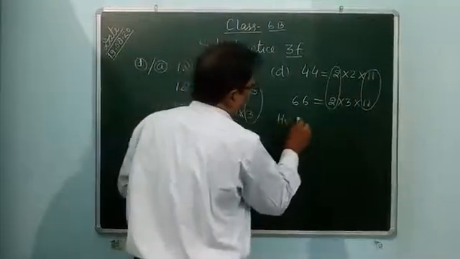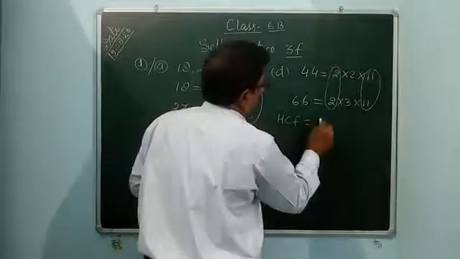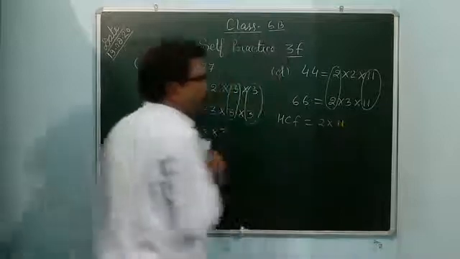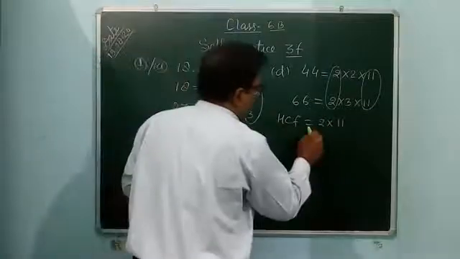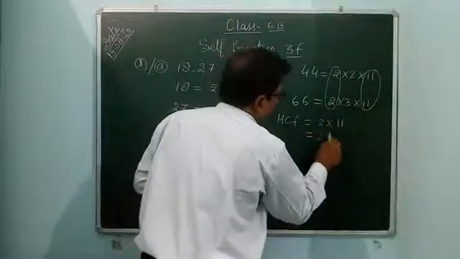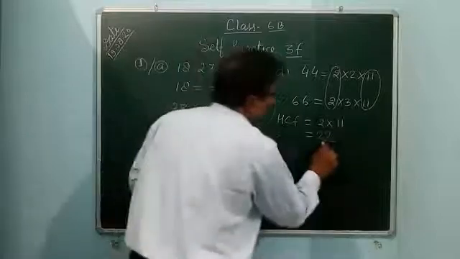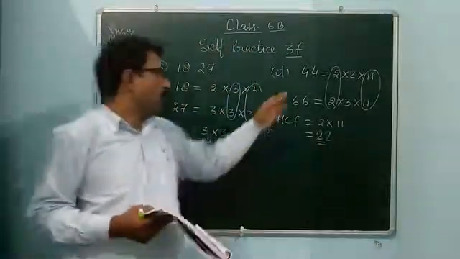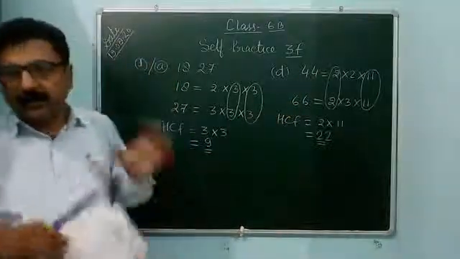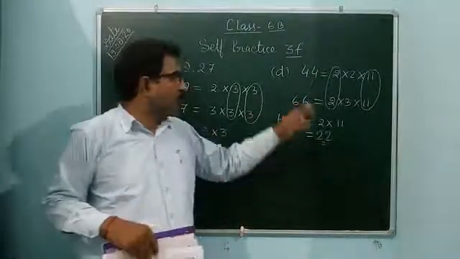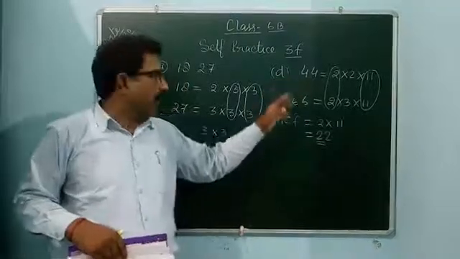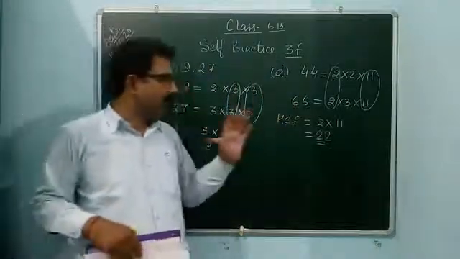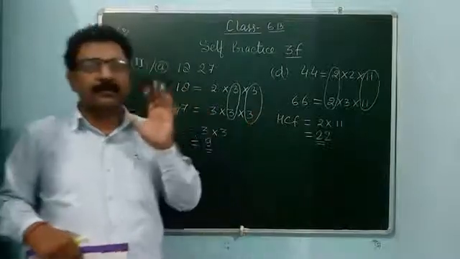So HCF is equal to 2 into 11, which is 22. So 22 is the HCF of 44 and 66. It means 22 divides 44 and 66 exactly, and the remainder is 0.